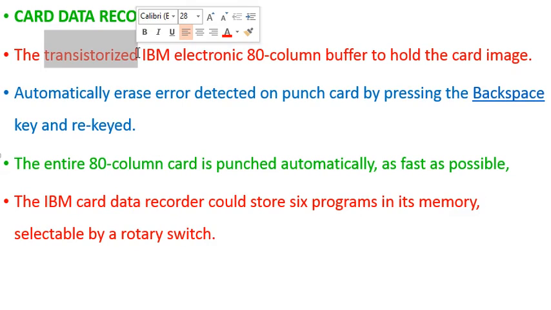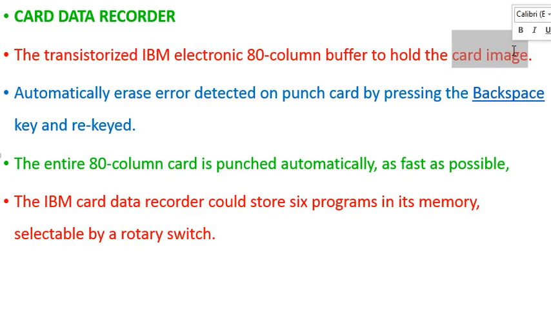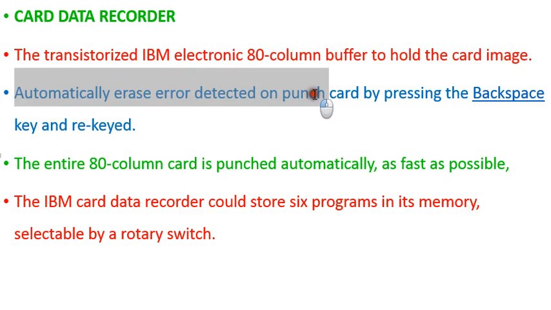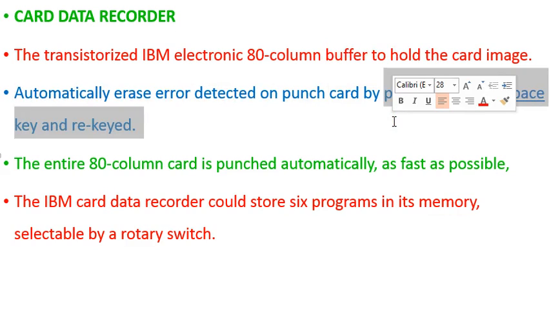And what it does is that when a card is programmed, if you pass it through the card data recorder, it will flash a light on it and capture the image of the punches that are on the card. And if it finds that there is an error, it can automatically erase the punch put on the card to show that this one has an error, and then it will release the card so that it will be keyed again.